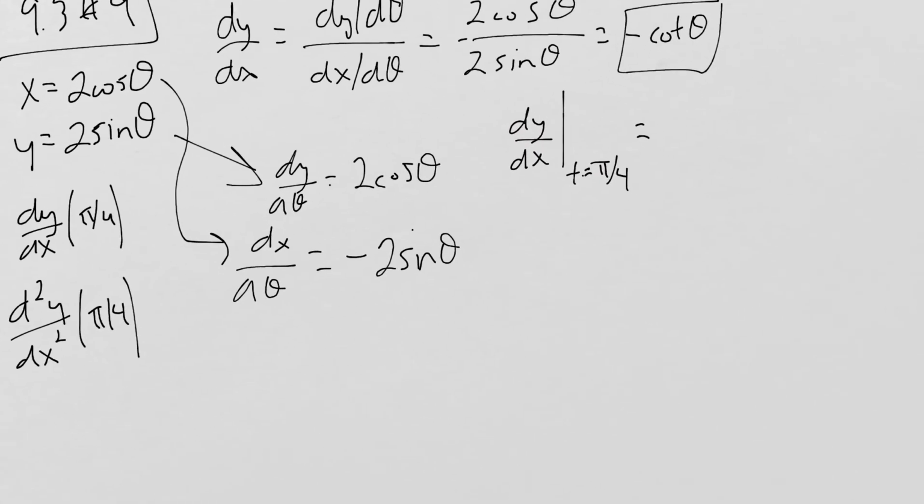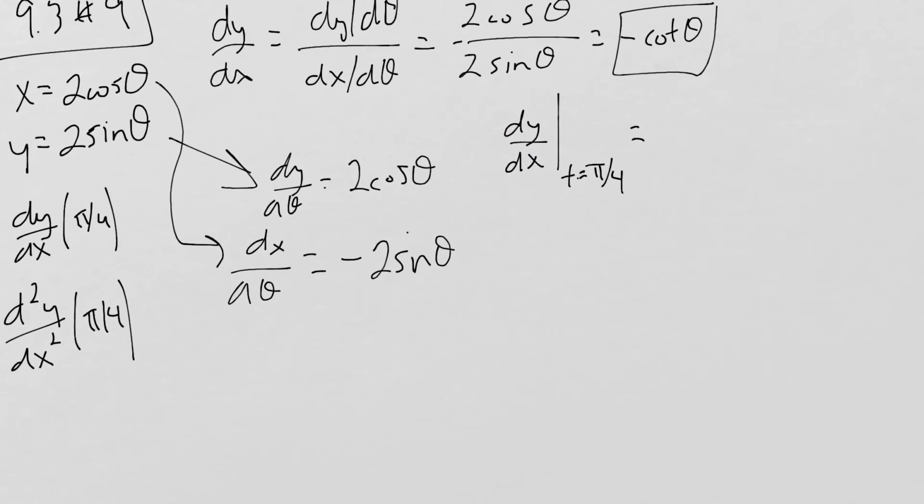Anyway, come over here. You should be able to think in the unit circle. I got pi over 4. That's right here. Okay? That's a 45-degree angle. And I'm doing cotan. That is 1 over tangent. Well, so if I could think about the tangent here, then I'm good to go.